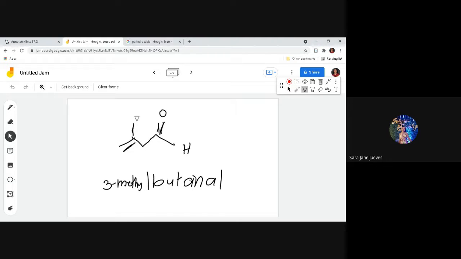Sa right, ma'am. So, right, mao ra, mao ta mag-una. 1, 2, 3, and then we have 4. Okay, so unsa pangalan nato ana? 3-methyl but-3-enal. Okay, so 3-methyl but-3-enal.